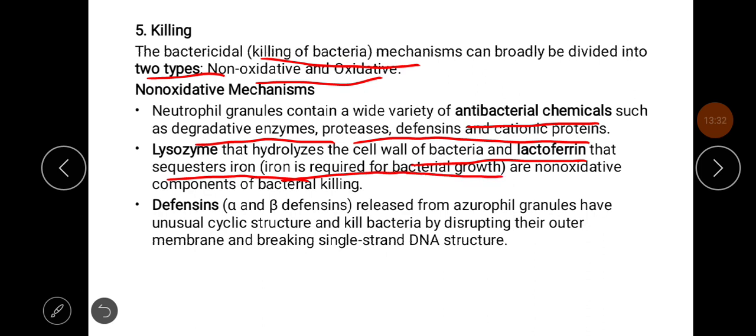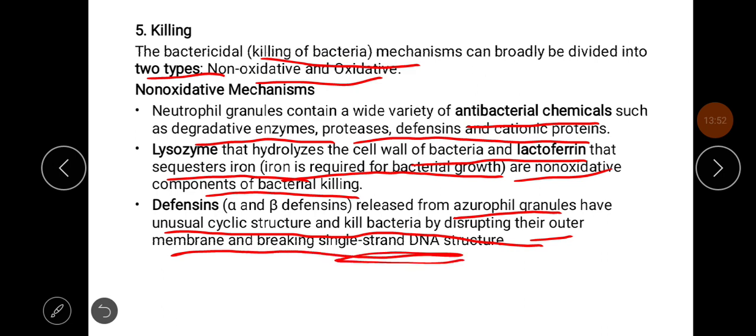Sequestration of iron will inhibit bacterial growth, and is a non-oxidative component of bacterial killing. Defensin released from the azurophil granules has an unusual cyclic structure and kills bacteria by disrupting their outer membrane and breaking single-stranded DNA structure.